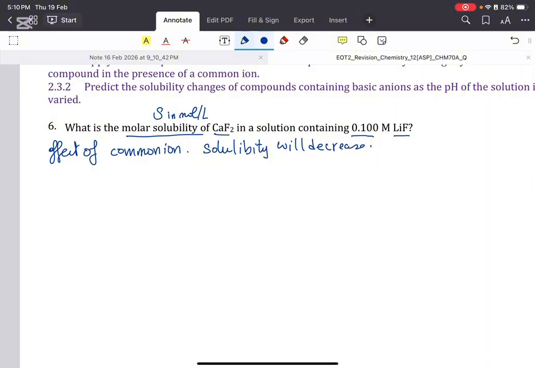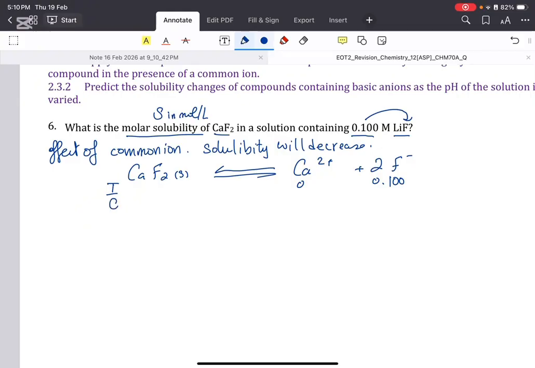So what I'm going to do, I'm going to use the ICE table. Again, as you can see, all these questions start by writing the equilibrium equation. So calcium and 2F minus. Now, initially, I don't have calcium, but I do have 0.100 molar of F minus.